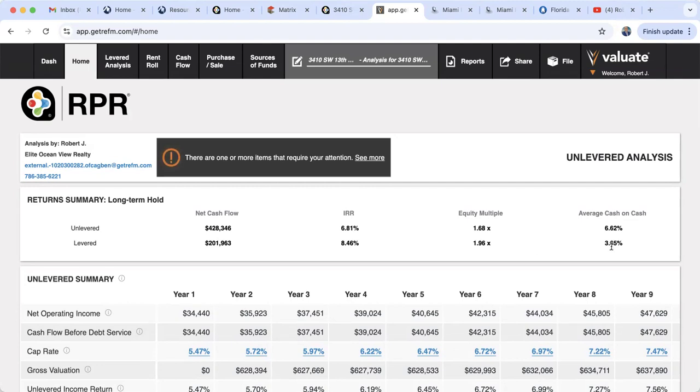Now, notice on the right for the levered analysis, 3.6% returns. That means that you do not have to come out of pocket, right? You don't have to come out of pocket to make money on this deal.